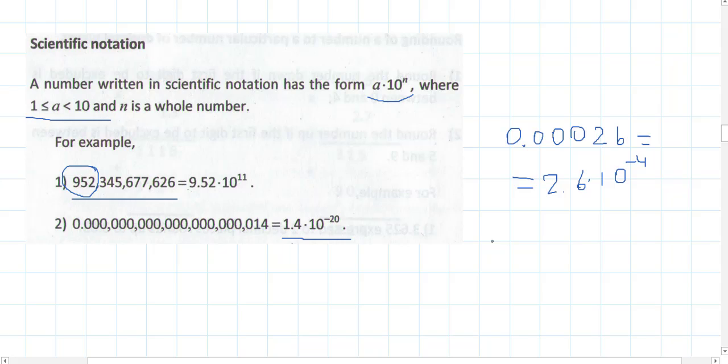Or 0.00002.57, for example. It will be 2.57 times 10 to the power of minus 5: 1, 2, 3, 4, 5. So we count how many digits there are until the 2. Okay, this is scientific notation.